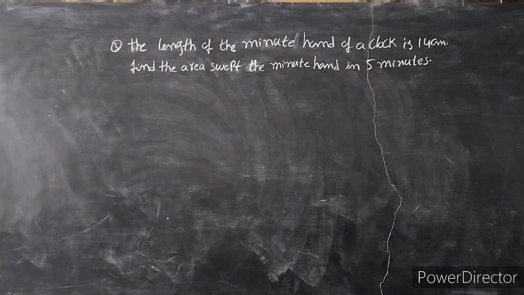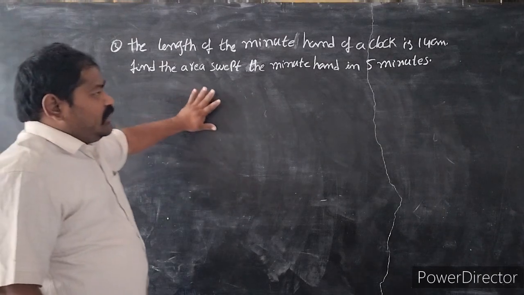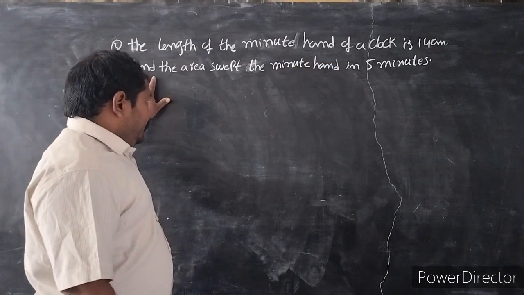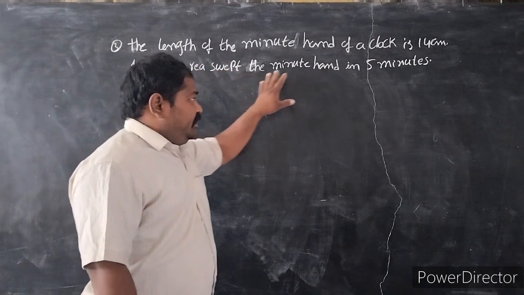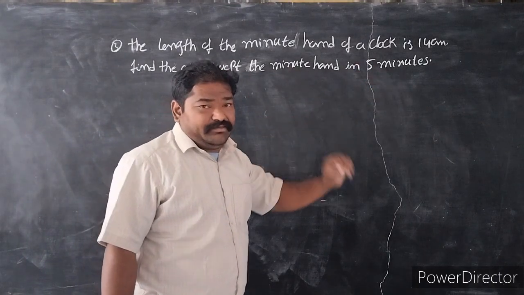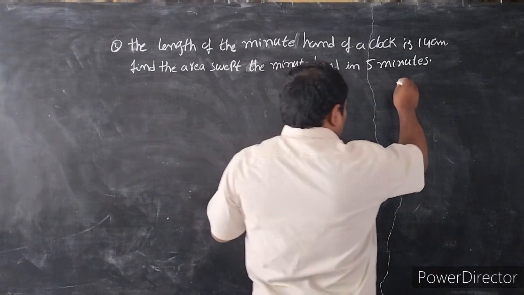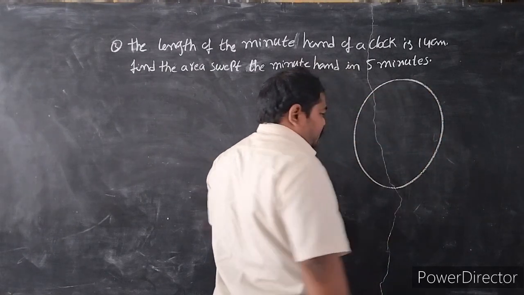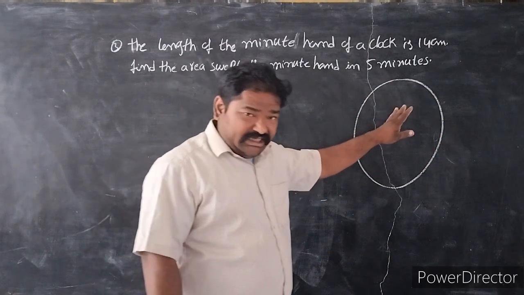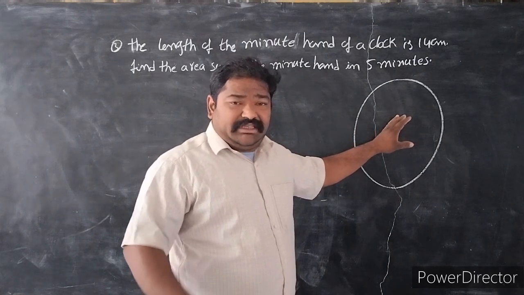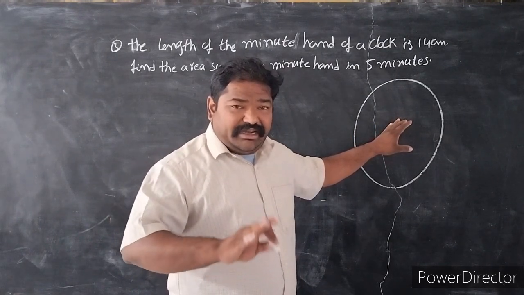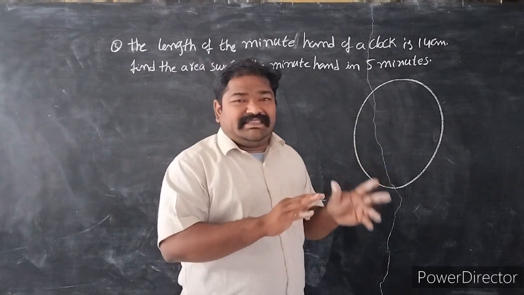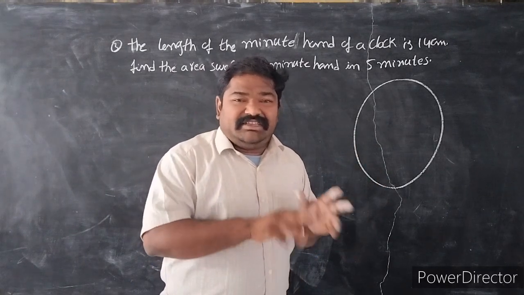Next question. The length of the minute hand of a clock is 14 centimeters. Find the area swept by the minute hand in 5 minutes. For this question, we have to analyze the clock. This is the clock in circle shape. Even if your clock is in rectangle shape, the minute hand, hour hand and second hand will rotate in a circle shape only.